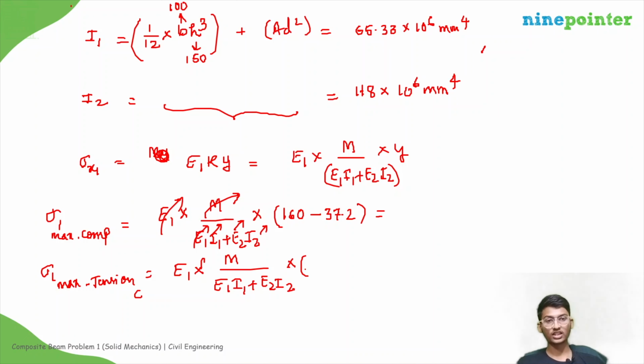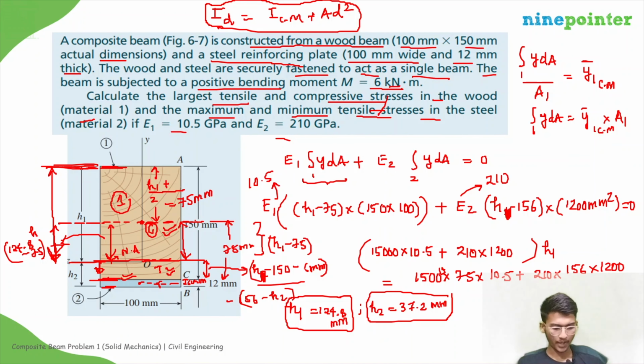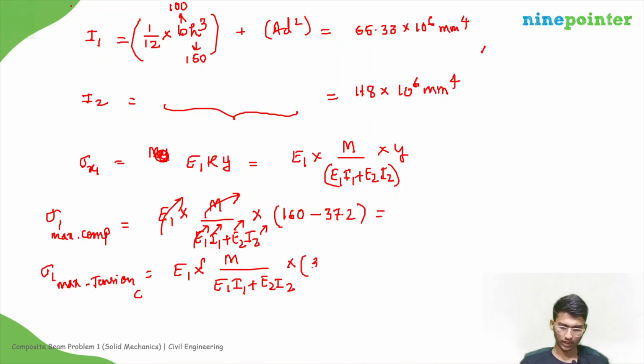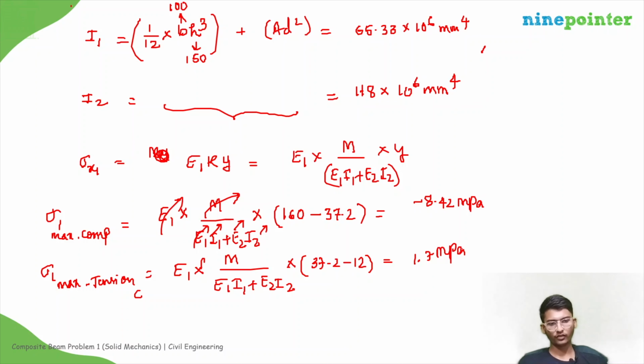The distance will be H2 minus 12. Okay. So H2 is 37.2 minus 12. So from this we can get the sigma 1 max tension value. So I will write down the values, you can verify. Sigma 1 max compression is minus 8.42 MPa and the tension value is 1.7 MPa. You can calculate and verify these values.